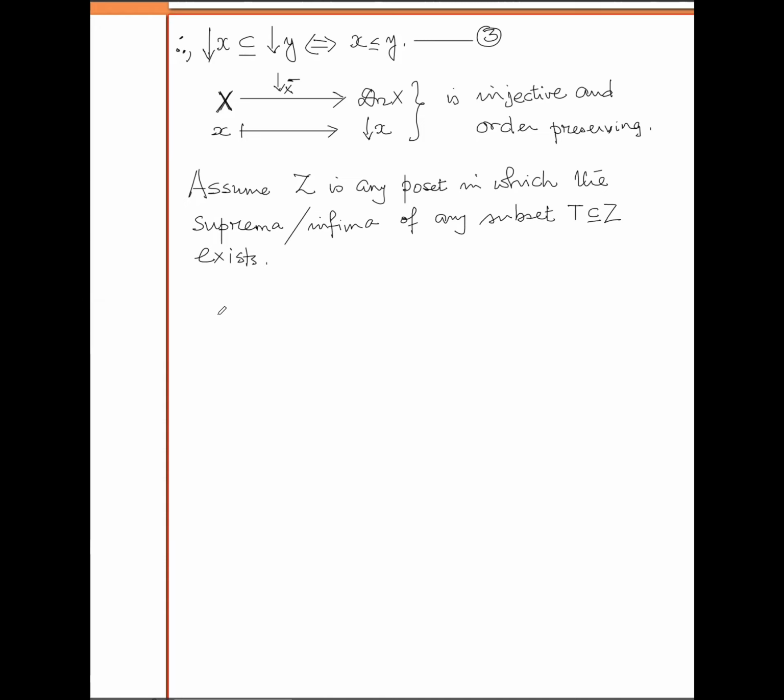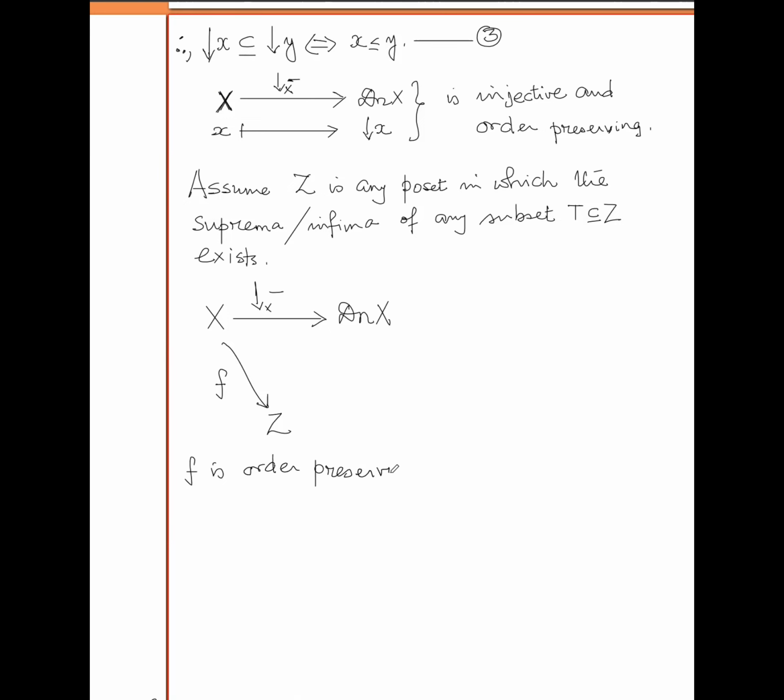Okay. So I have this, and I'm saying that f is order preserving. So what do I mean by that? If x is less than or equal to x prime, then f(x) is less than or equal to f(x prime).